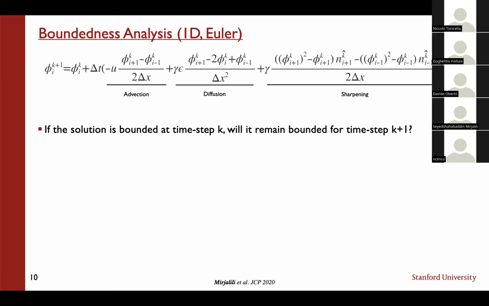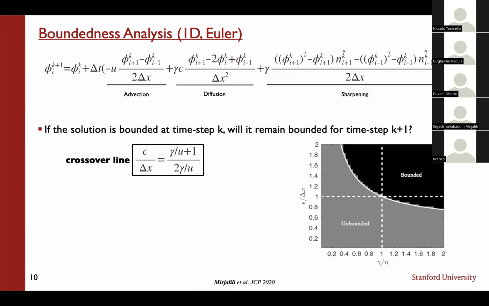If you think about it, if I didn't have this diffusion, in particular the diffusion, but also the sharpening, you are basically doing pure advection with second order finite differences or finite volume, and you're going to have crazy overshoots and undershoots, you're going to blow up, right? So the question is, what do we need in terms of these parameters, this gamma and this epsilon, to ameliorate this issue?